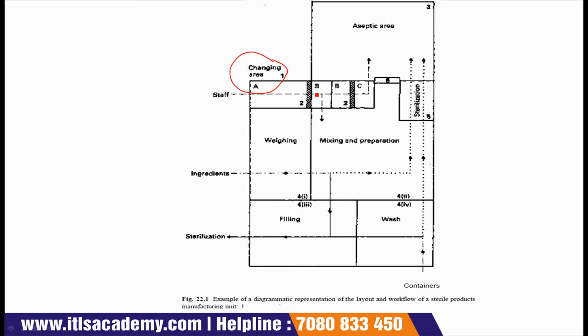You can see A, this is black, and B, this is gray, and C, white. These are basic principles: black, grey and white, and the changing area is built upon this.